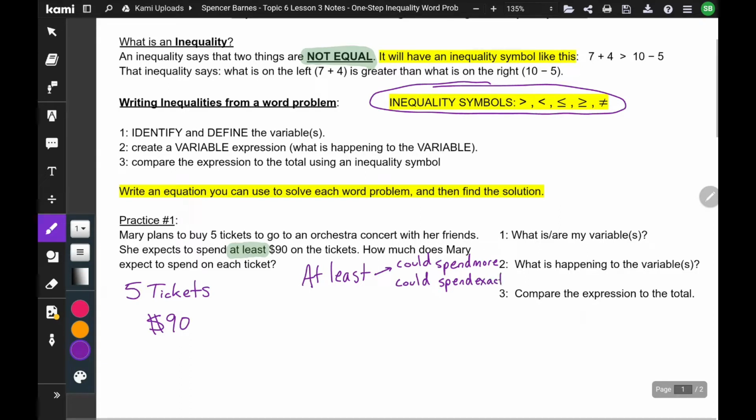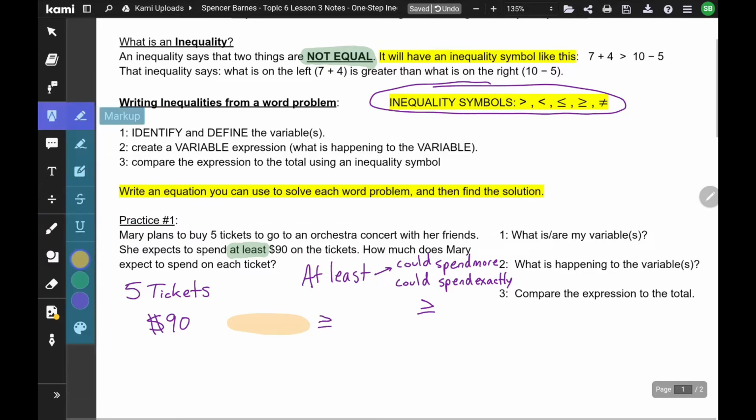So if they could spend more and they could spend exactly, that's going to be my greater than or equal to symbol. So I know whatever I've got on the left is going to be greater than or equal to what I have on the right.